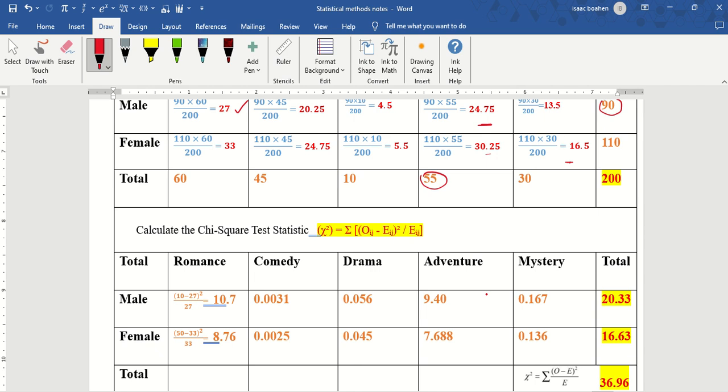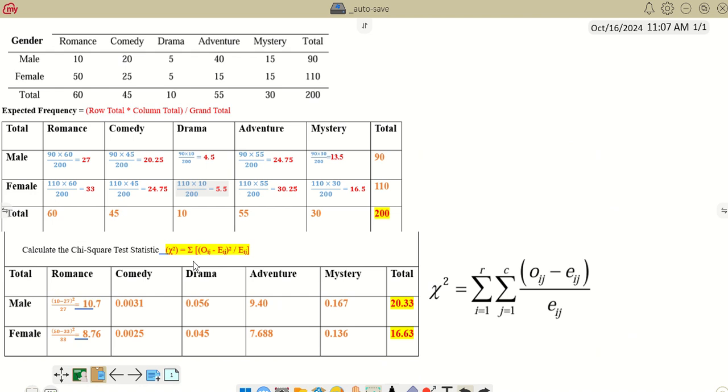Then you divide by the expected frequency. So let us tick the first one. Let me go to this and explain it here. When I tick, look at the original. Let's take the first cell.